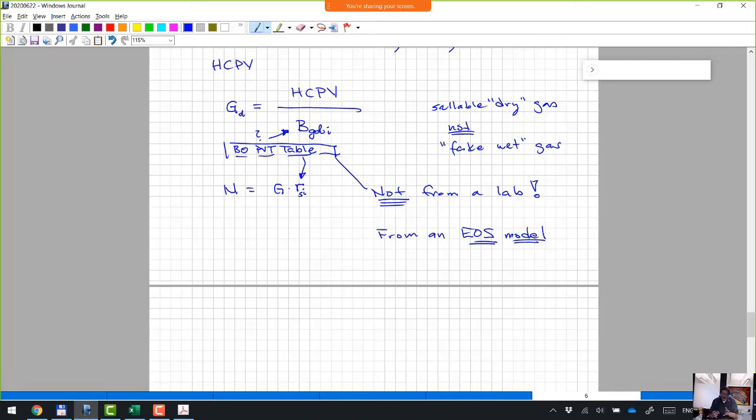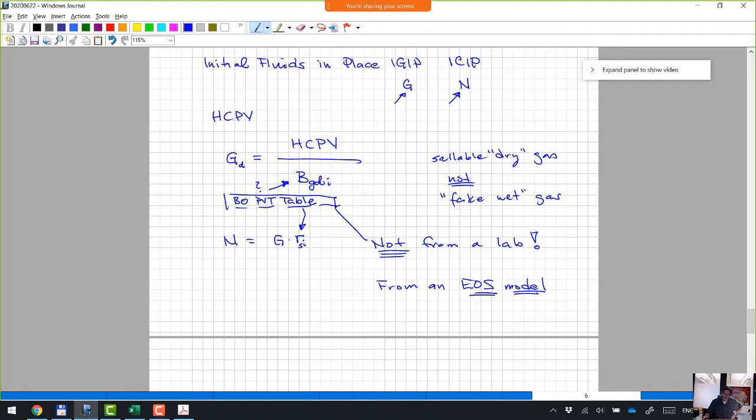For gas condensates, you cannot do gas condensate engineering without an equation of state model, period. We can't even calculate the initial gas in place and the initial condensate in place without that table.